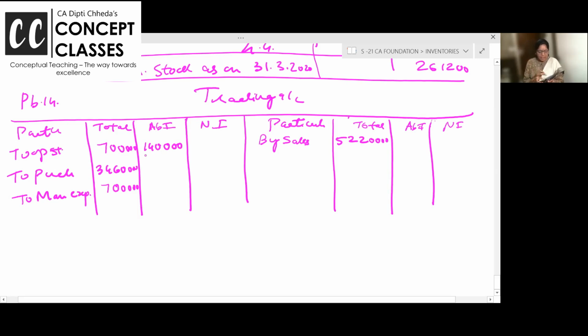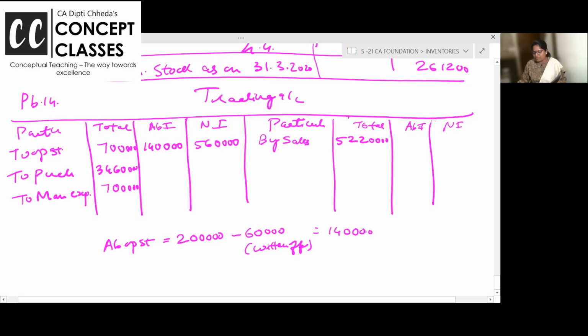So 7 lakh minus 140. So what is your normal opening stock? 560. Take your time if you want, write down here. Abnormal opening stock 2 lakh minus 60,000 written off. 140. ठीक है, चलो.